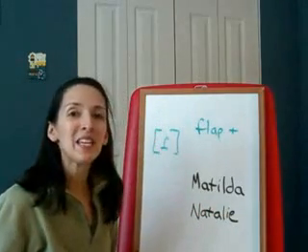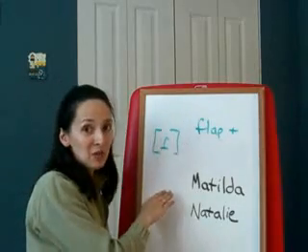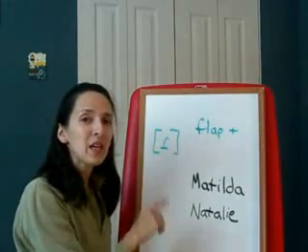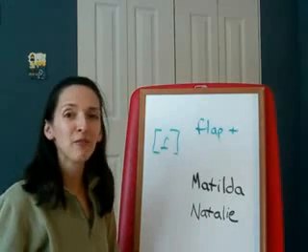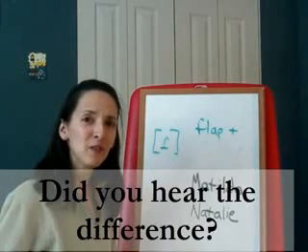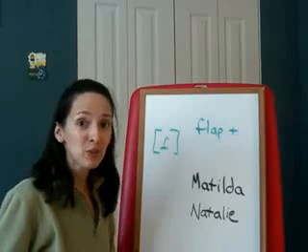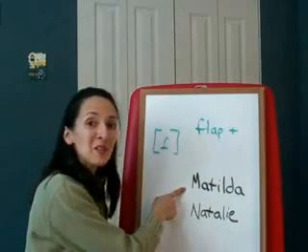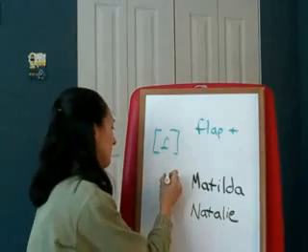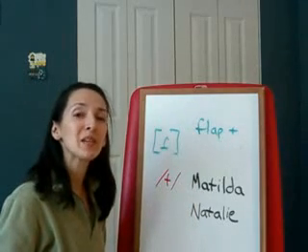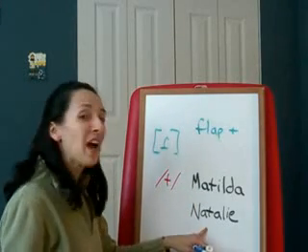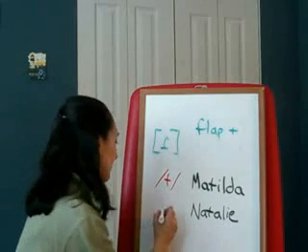The second name is Natalie. In one of the names we have a true T sound. In the other name we have a flap T. Did you hear the difference? We have a true T in Matilda. We have the flap T in Natalie.